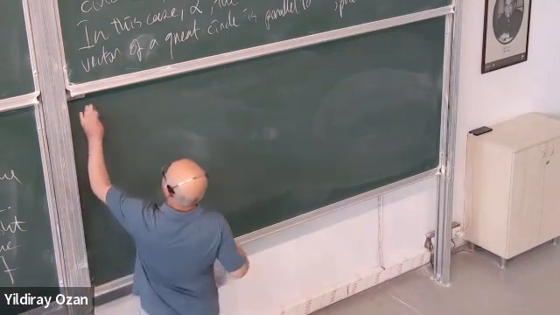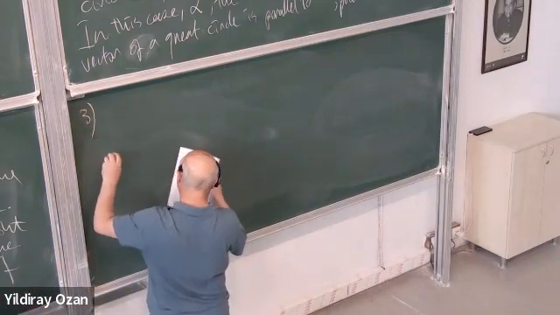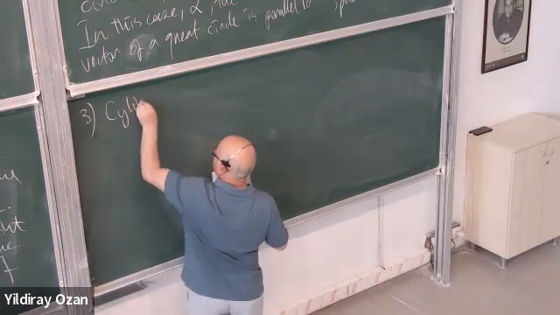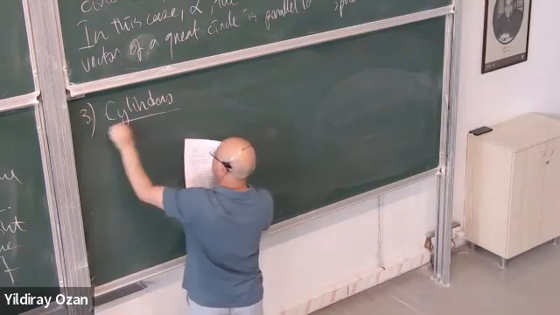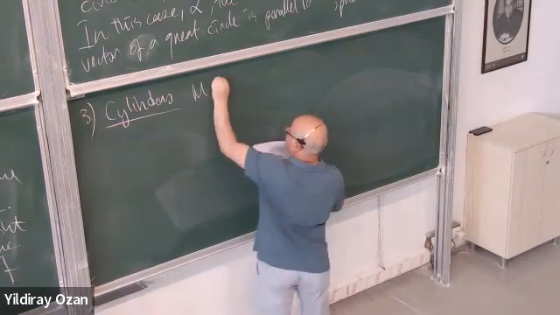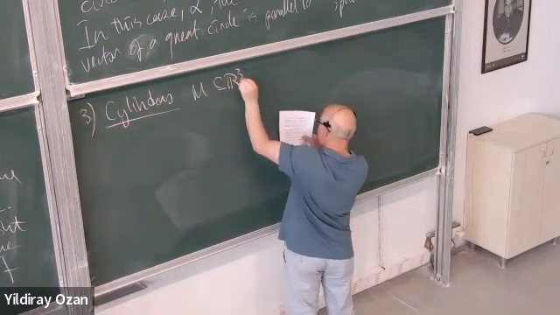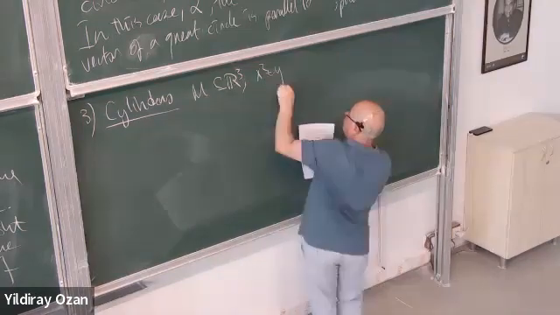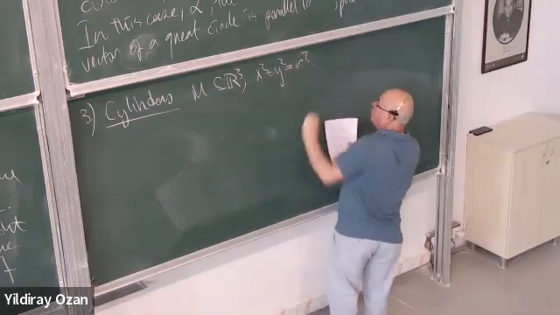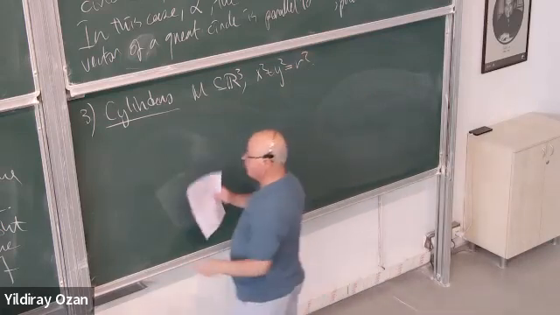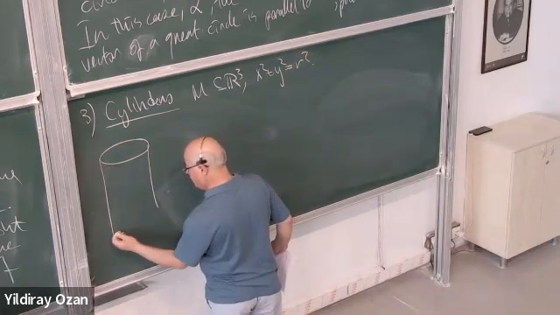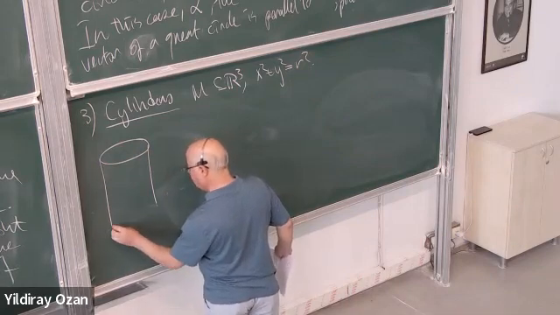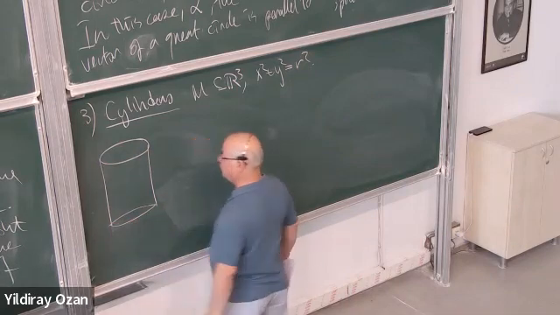Well, let's see cylinders. So let's take a cylinder in R3 given by this equation. So it's a cylinder with base on the plane, right?